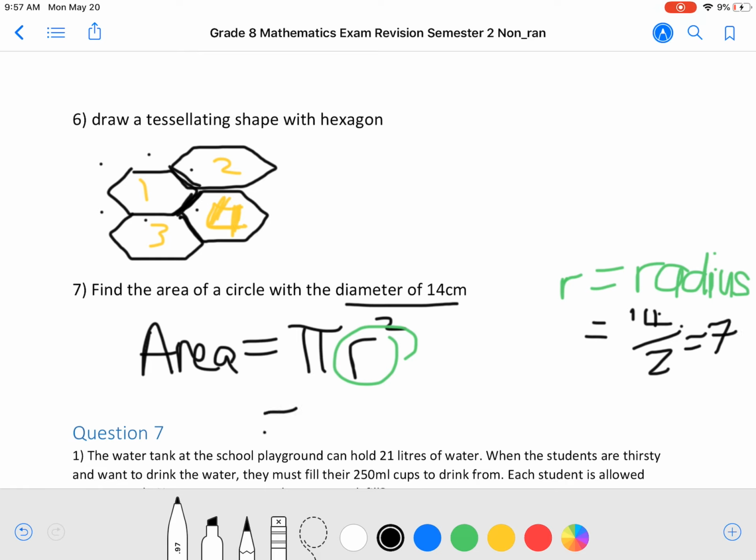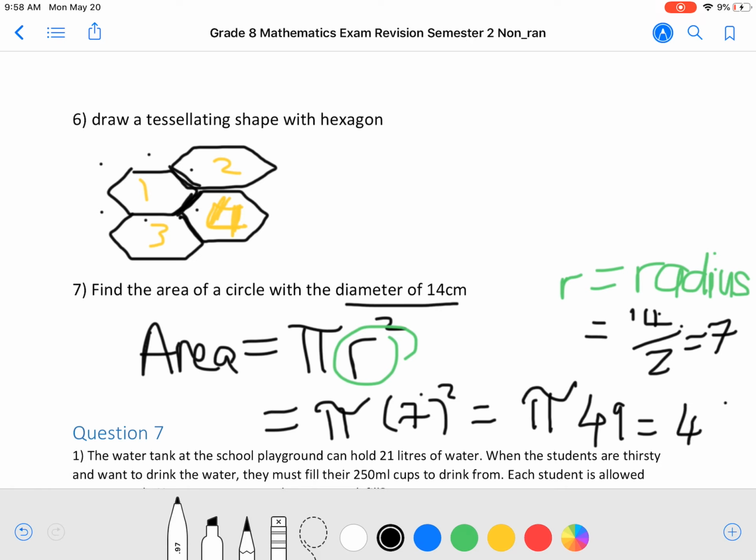So the area is pi times 7 squared, which is pi times 49, or the same as saying 49 pi.